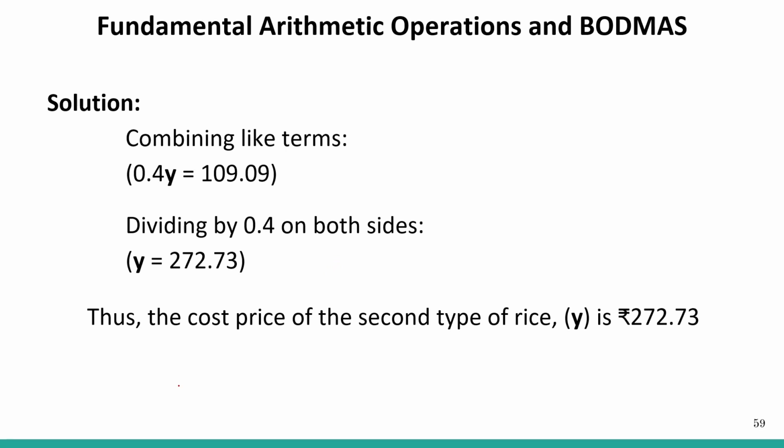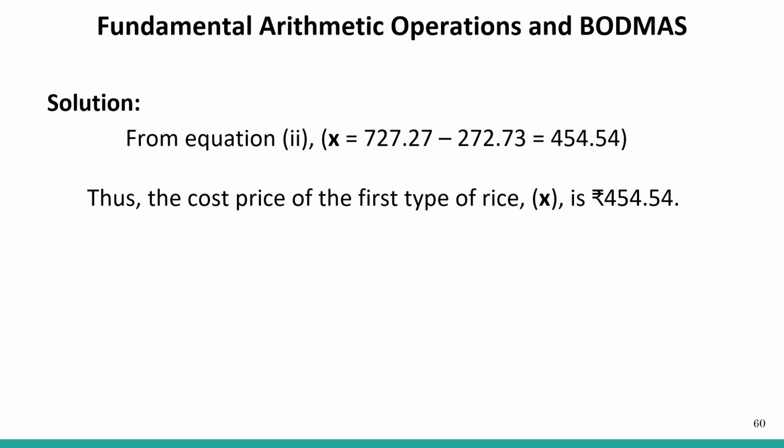Combining the like terms, 0.4y is equal to 109.09, and dividing by 0.4 on both sides because we want only y on the left hand side, this will be equal to 272.73. So the cost price of the second type of rice is 272.73 rupees, and the cost of the first type is 454.54 rupees.